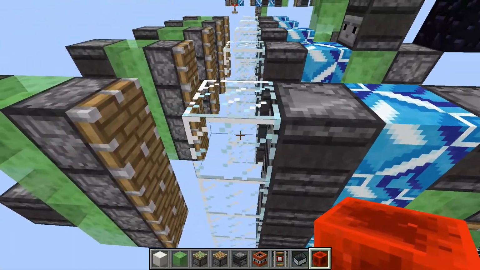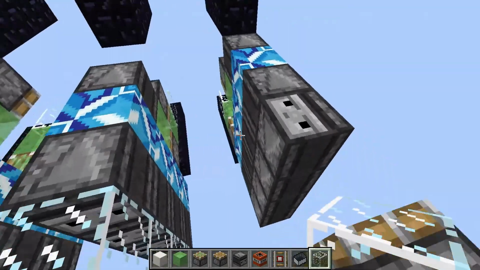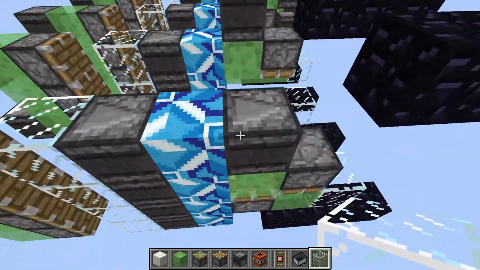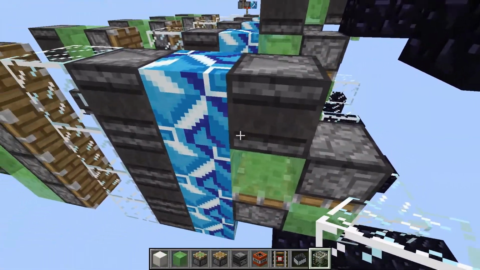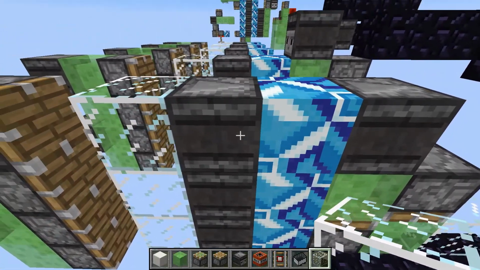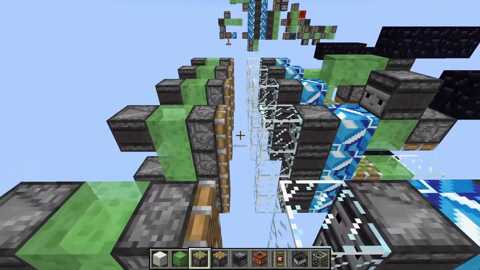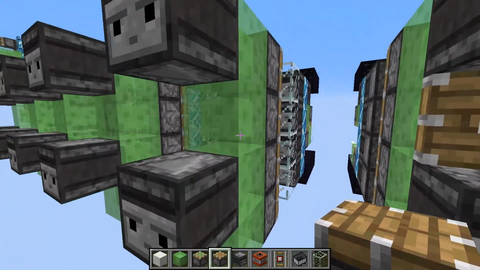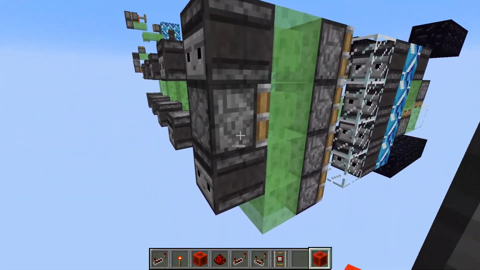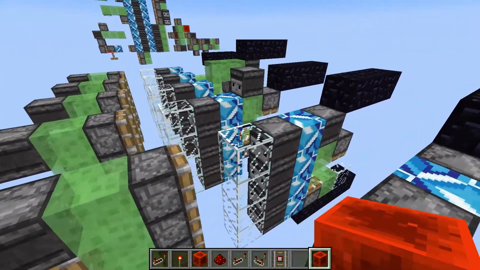So I was thinking, maybe I can change these observers to, for example, glass, and make the flying machine go up and down by itself, because all of the observers will basically pulse anyway when they are moved. So I tried to just move it like this, but as you can see, this doesn't really work well.